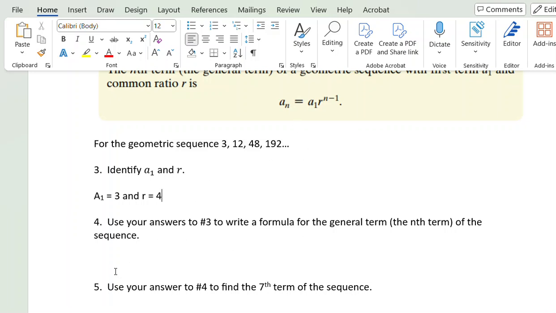So my formula is going to be a_n equals the first term, which is 3, times 4 to the n minus 1 power. So 4, my r, is raised to the n minus 1.